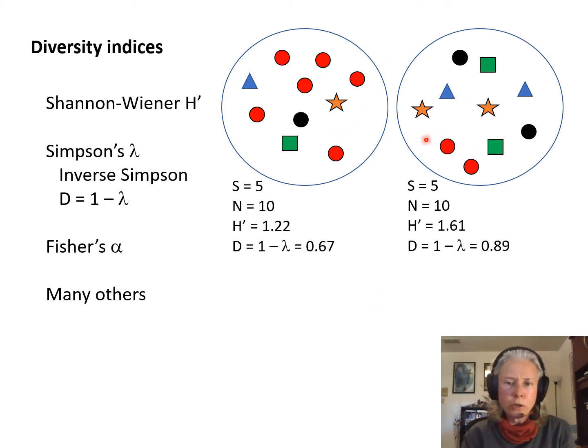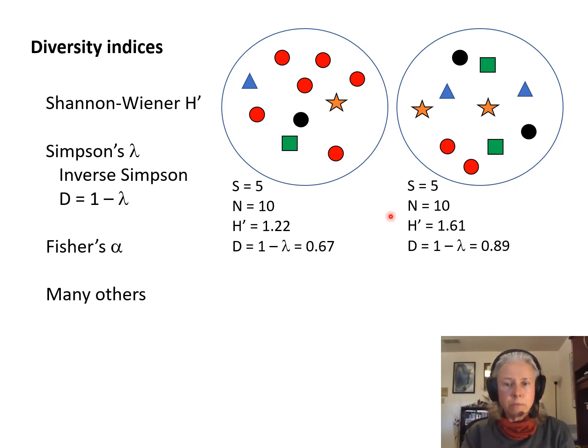In our little cartoon example here, it is absolutely evident to see that this community on the left is dominated by the red circle species, whereas over here the community on the right is absolutely equitably distributed, the number of individuals across every species. We can see that in these communities, but we seldom can see that in our real data.